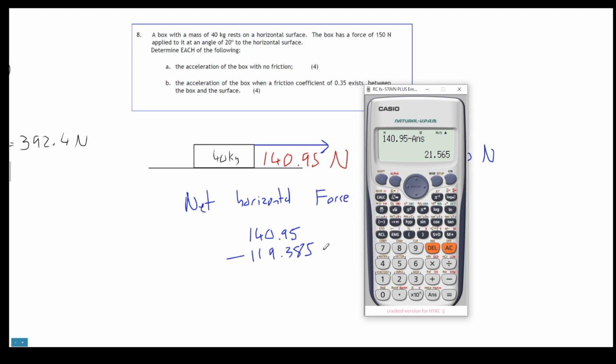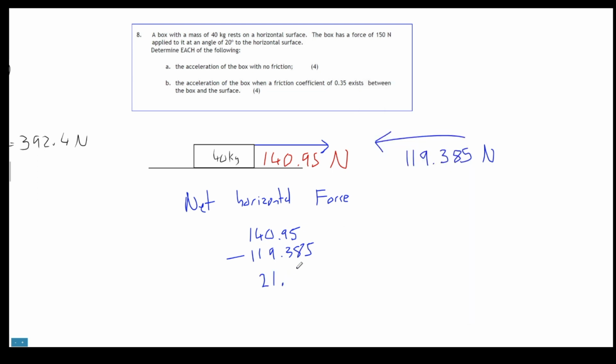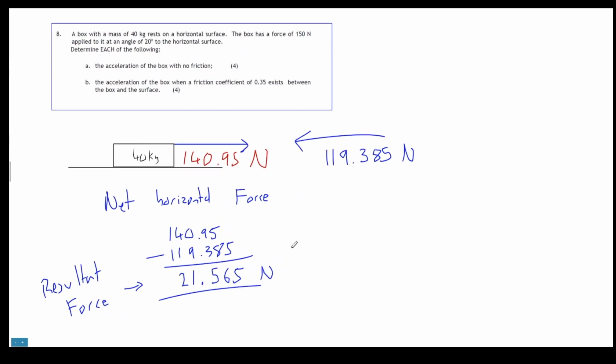We get 21.565. This is the resultant horizontal force, what's left over. This much force is left over after we overcome the friction.